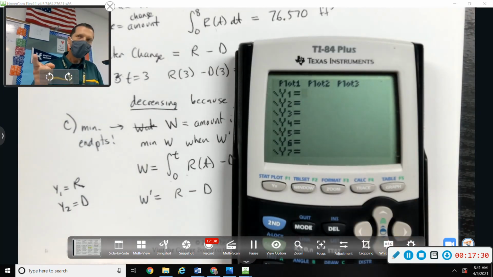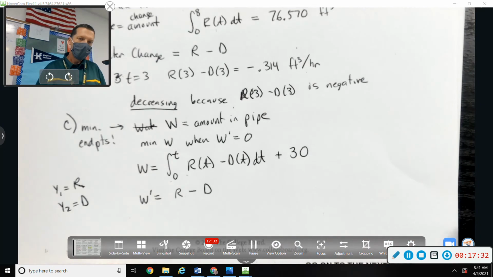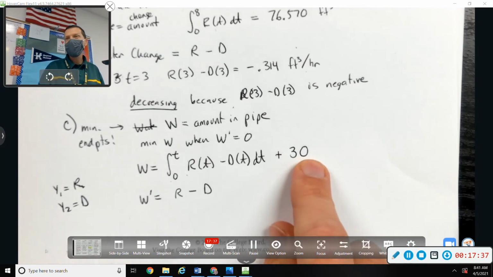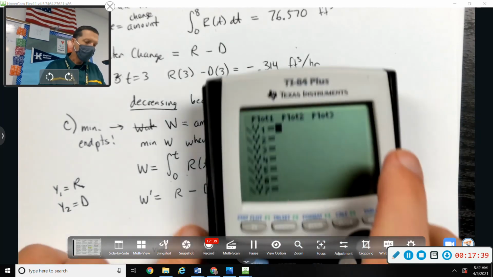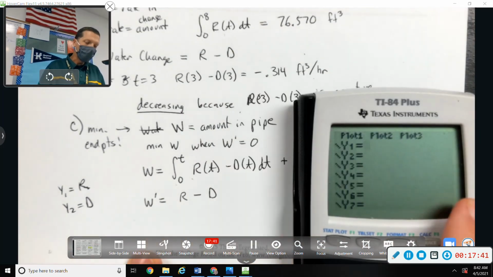Question: would W prime be R minus D plus 30, or does the 30 go away? The 30 goes away because the derivative of 30 would be 0. Good question if we're taking the derivative of this.